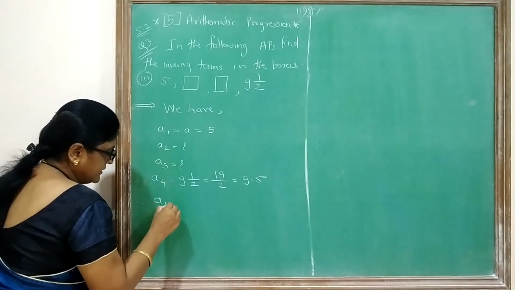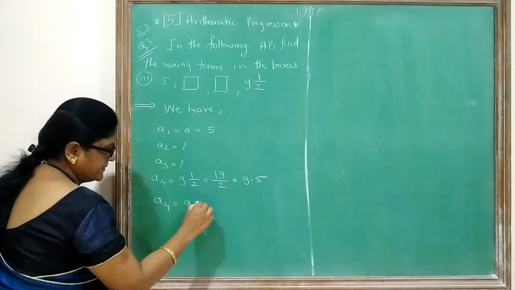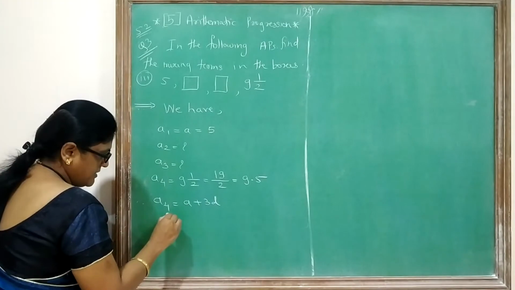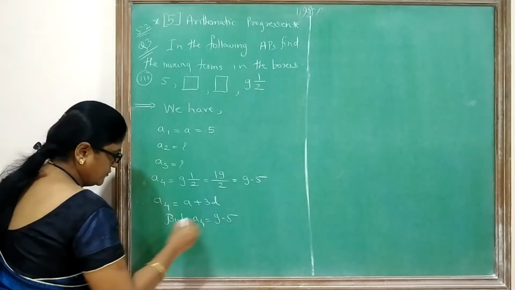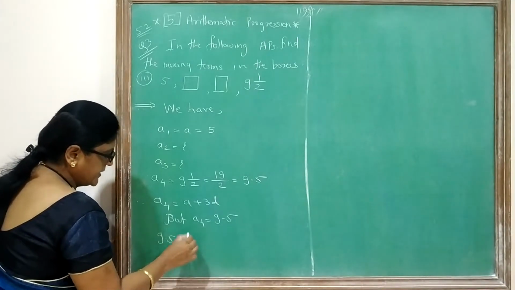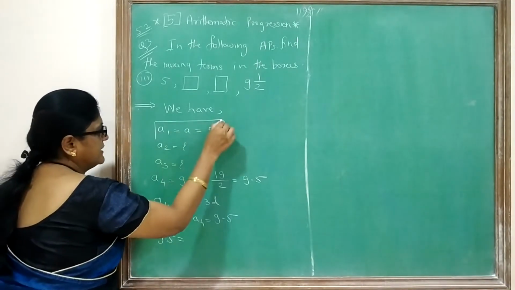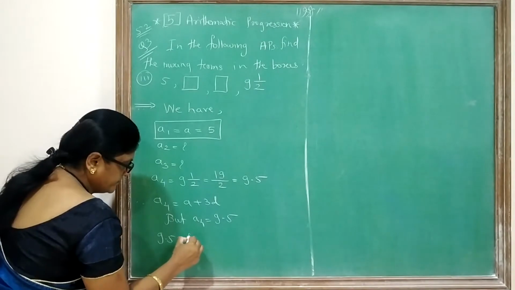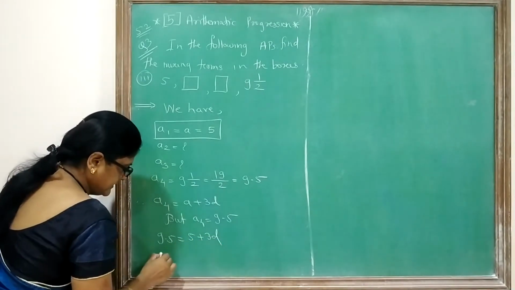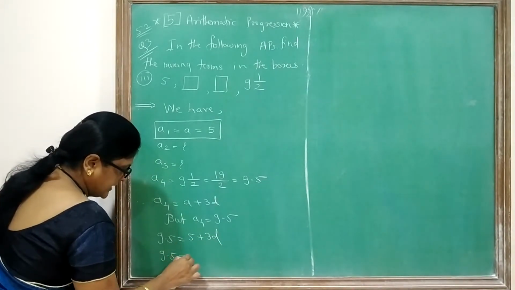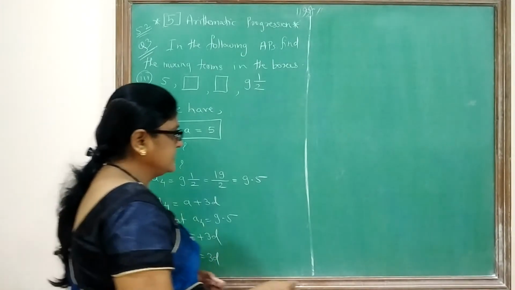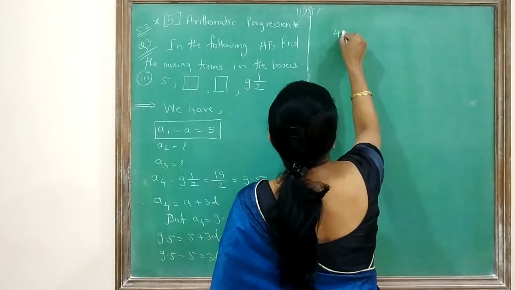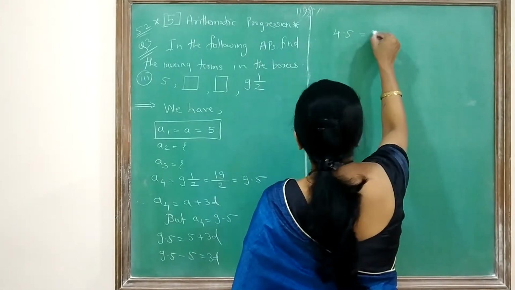Then you will write your A4 formula, that is A plus 3D. A4 value is 9.5, and the A value is 5, then plus 3D. Then 9.5 minus 5 equals 3D. 9.5 minus 5, that is 4.5, equals 3D.